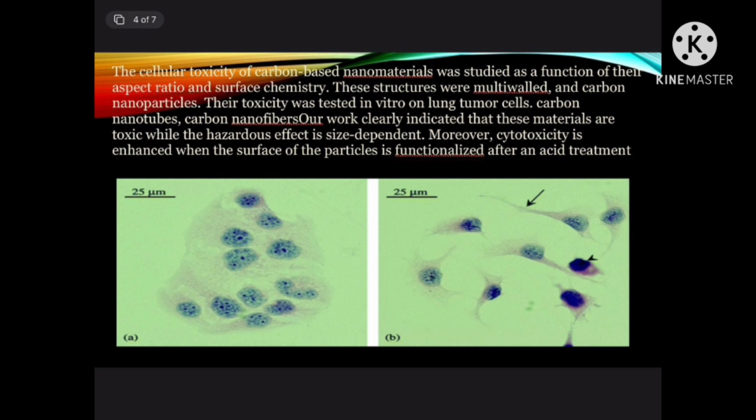Carbon nanotubes and carbon nanofibers: our work clearly indicates that these materials are toxic, while the hazardous effect is size dependent. Moreover, cytotoxicity is enhanced when the surface of the particles is functionalized after an acid treatment.